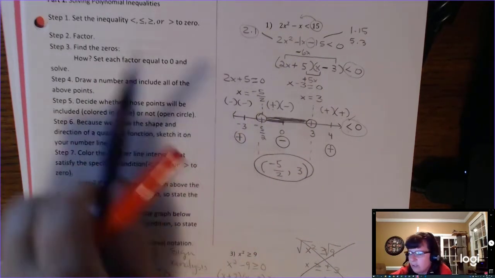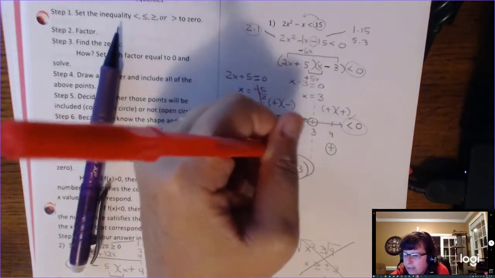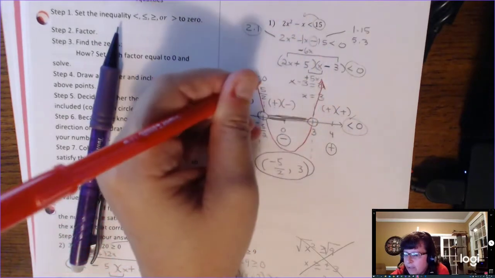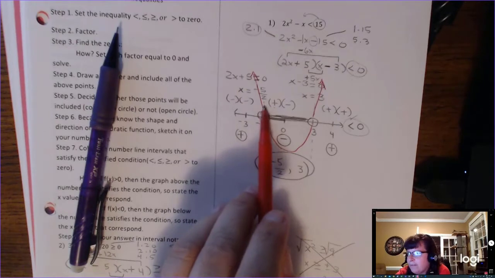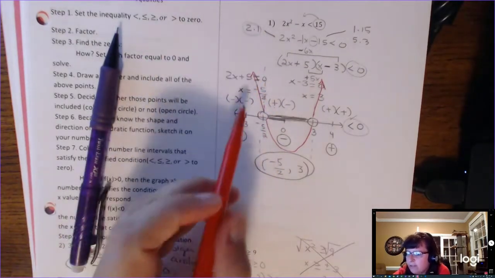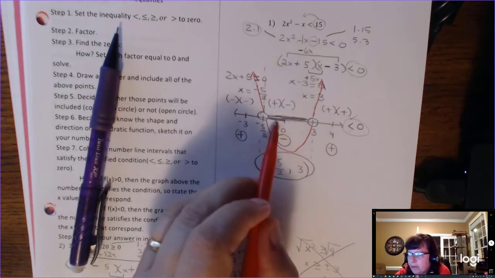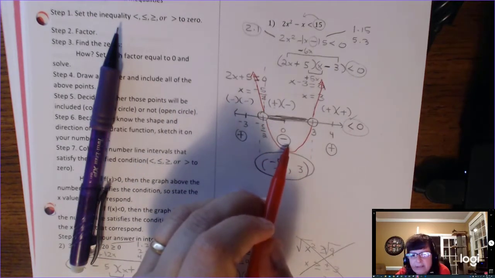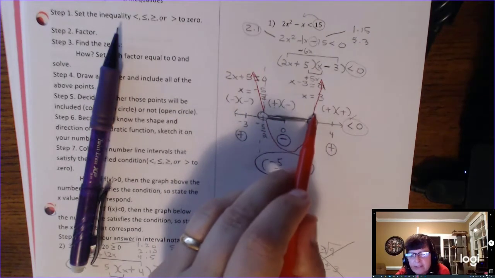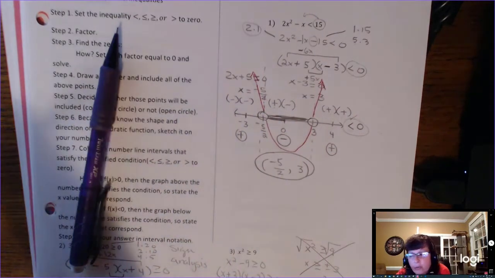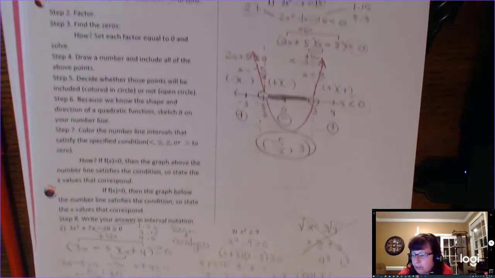Once you find the zeros, if you want to draw a U-shaped graph that's opening up, then you can see, like we did in Unit 1, this part of the graph to the left of negative 3 is above the x-axis, so that's a plus. And this part of the graph is below the x-axis, so that's a negative. And this part of the graph is above the x-axis, so that's positive. So graphing that quadratic on a number line would work.